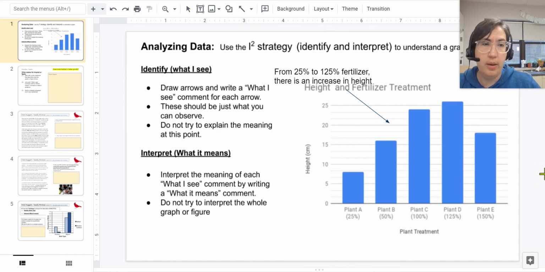Okay, now I see something happening here with plant E. Oops. Let's make my arrow go that way. I'm just going to drag it down.